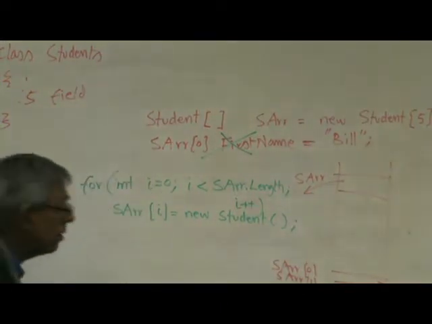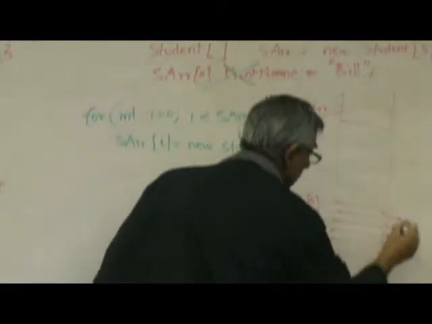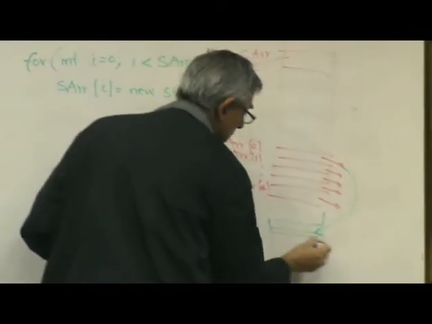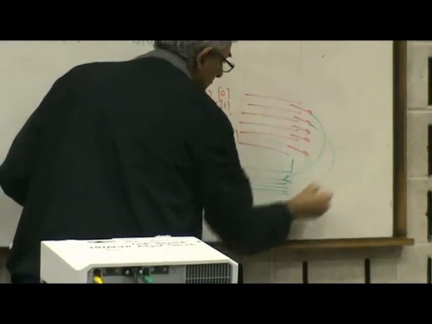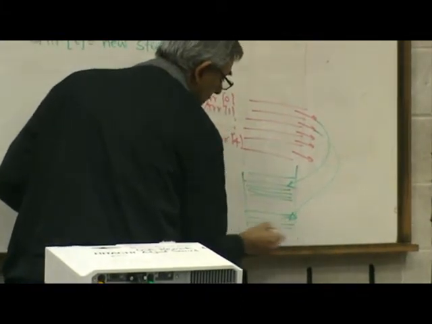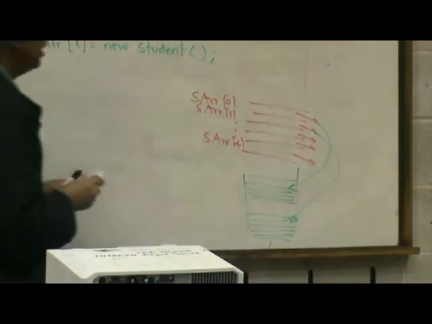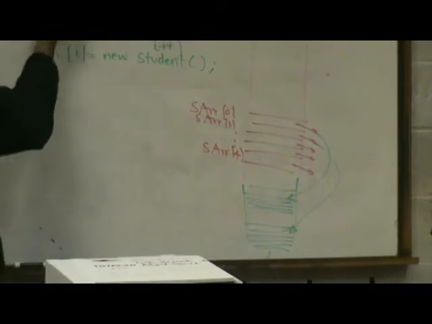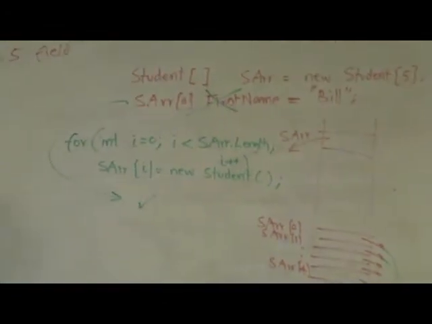Okay, so now in the heap area one by one, this will get 5 fields. Then this will get its own 5 fields, and so on, right? So now if we try to write it over here, it will be perfectly okay.